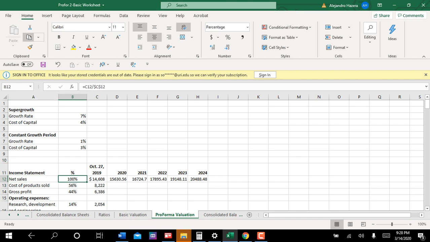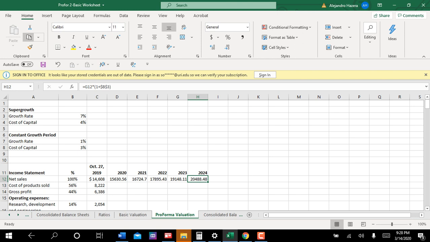Let's take a look at these numbers. We're projecting that if we had $14.6 billion of sales in a recent year, then by 2024, assuming a 7% growth rate, we're going to have about 20.5 billion in sales, which is not bad. This is not a super duper growth company, but it's not bad.